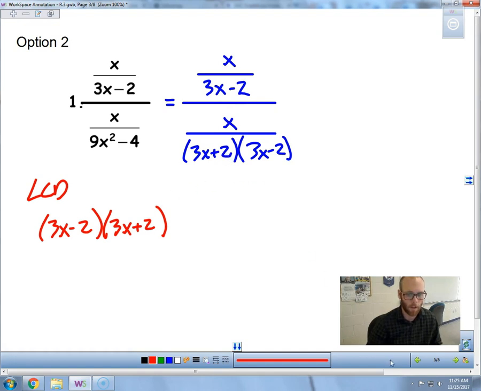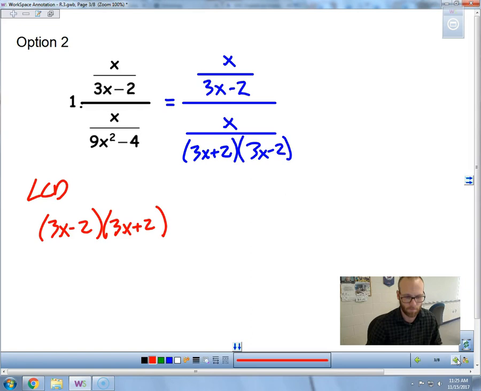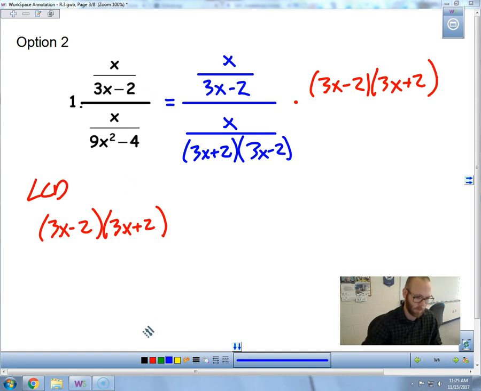So what's our trick? Our trick is to multiply by the LCD over the LCD. This is times the top, 3x minus 2, 3x plus 2. On the bottom, the same thing.